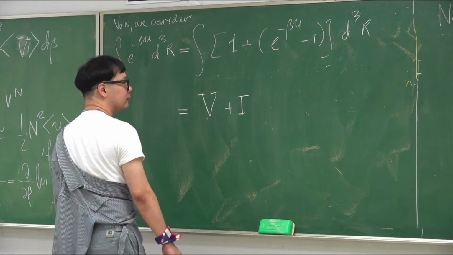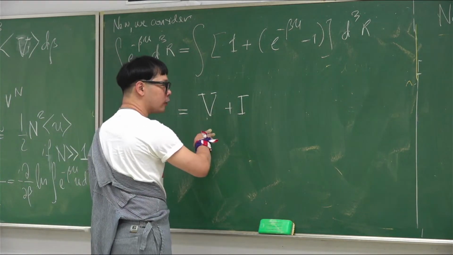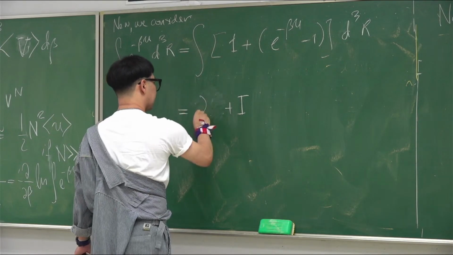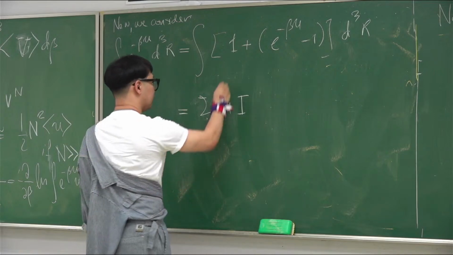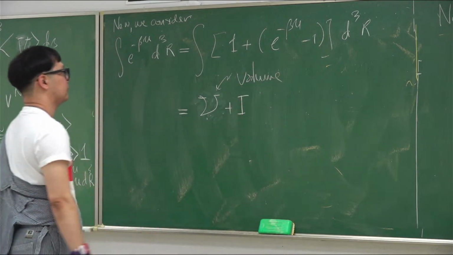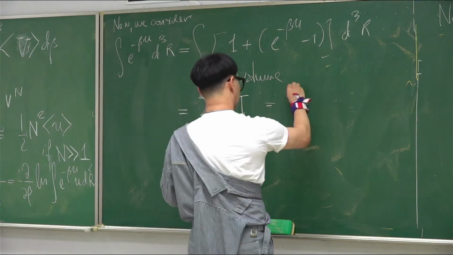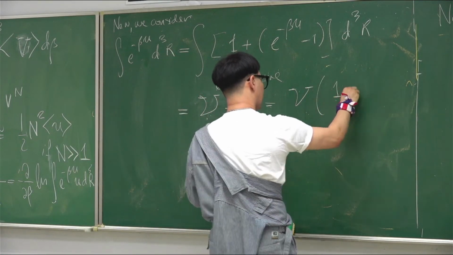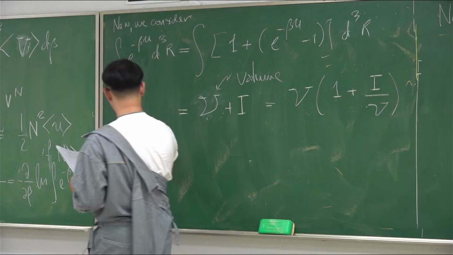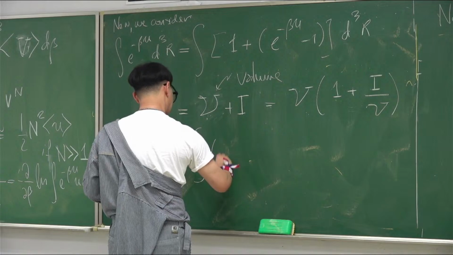Now it's going to be confusing because this V is going to be volume. Let's put it to be this. Volume. You could take this volume out, and this is this integration.